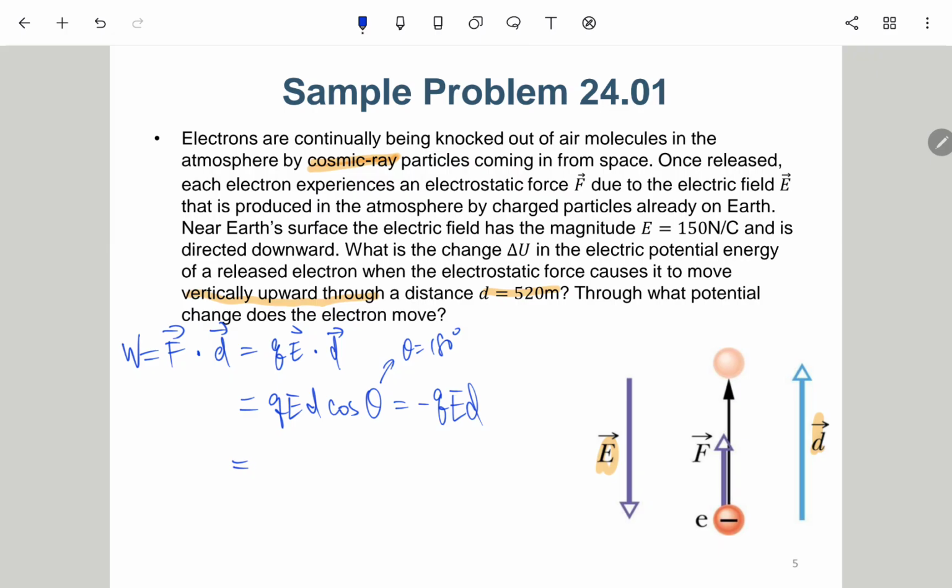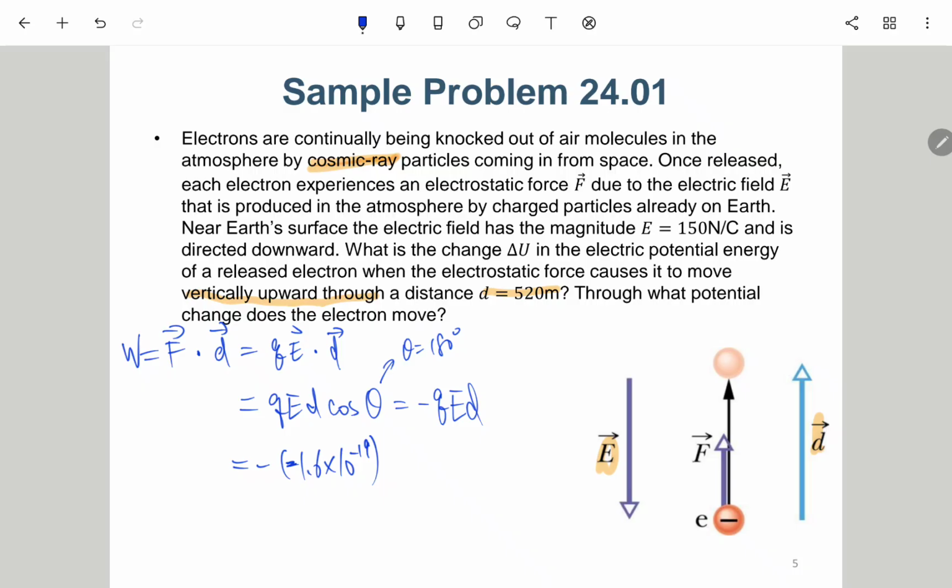So negative q, since it is an electron, is negative 1.6 times 10 to minus 19. The electron has a negative charge.